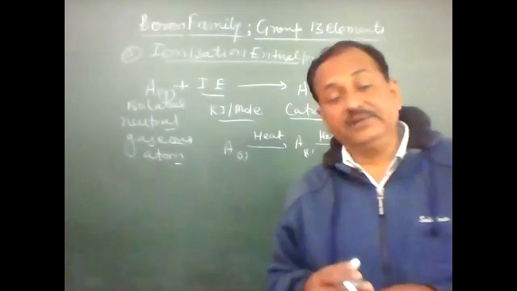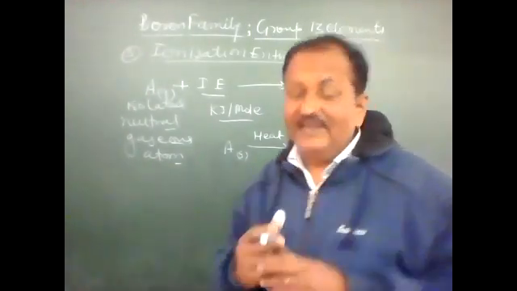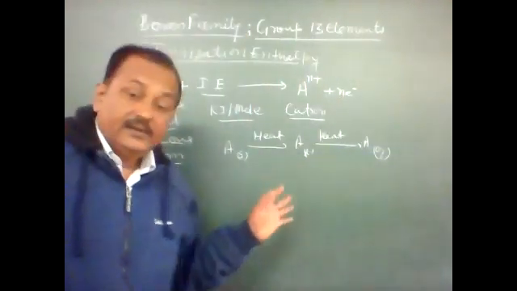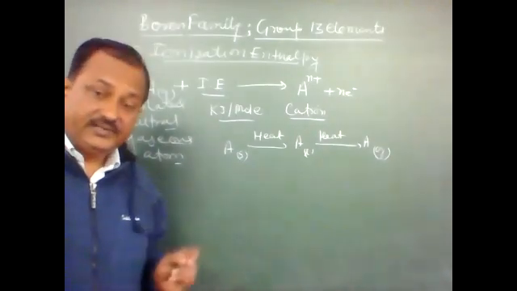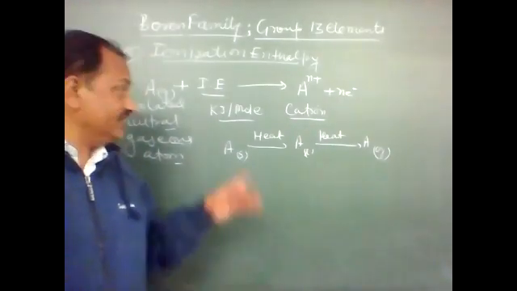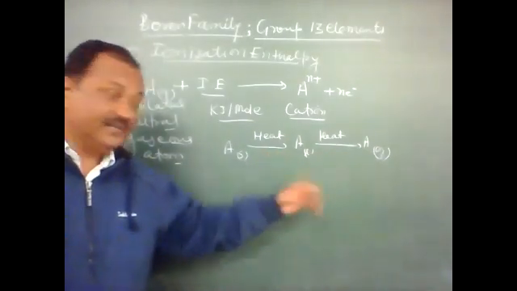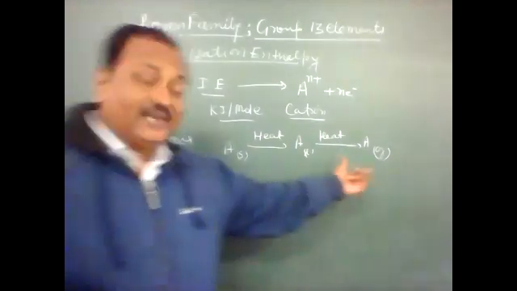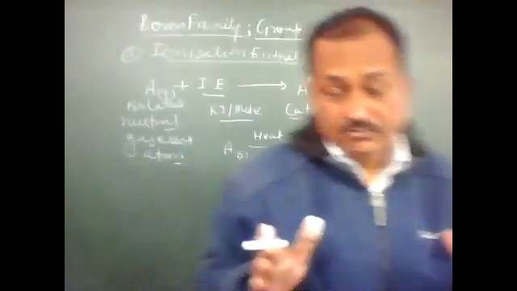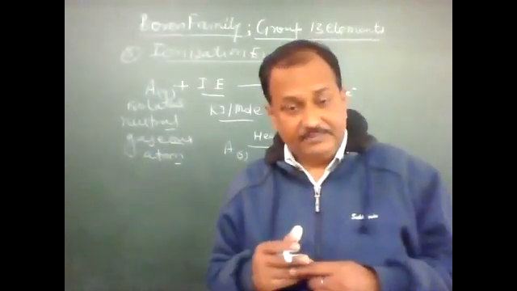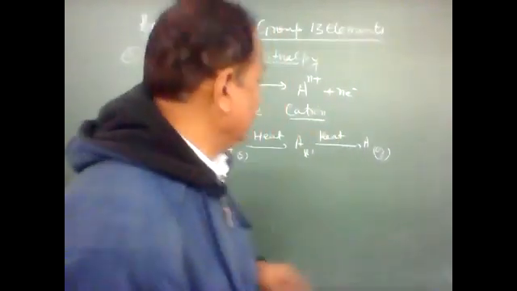Some are in the liquid state, some are in the gaseous state, some are in the solid state. So the scientists have made this point that if it is a solid, in case of metal, it has to be converted into gas. If it is liquid, any element, it has to be converted into gas. So any element whose ionization enthalpy we want to determine has to be converted into a gaseous atom first.